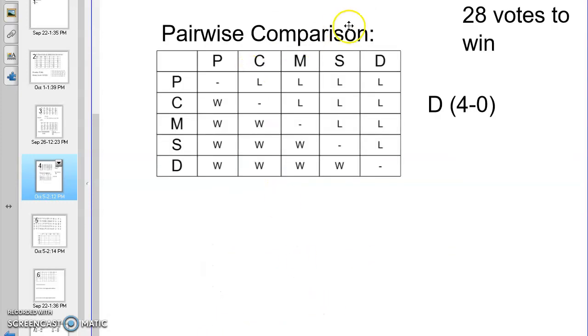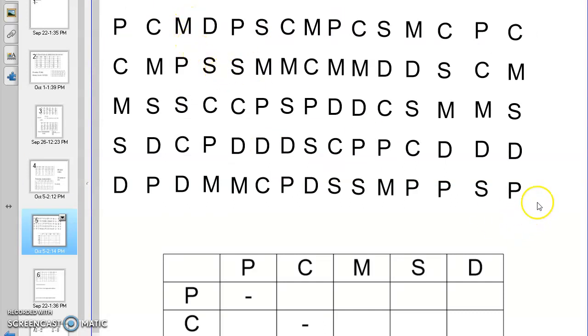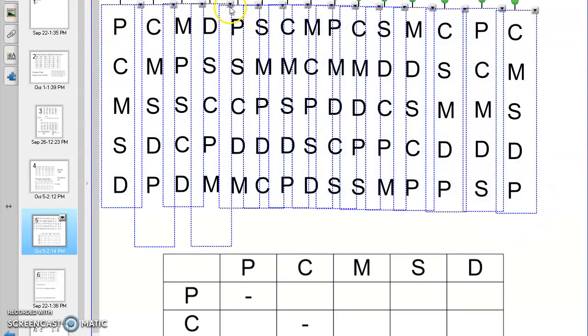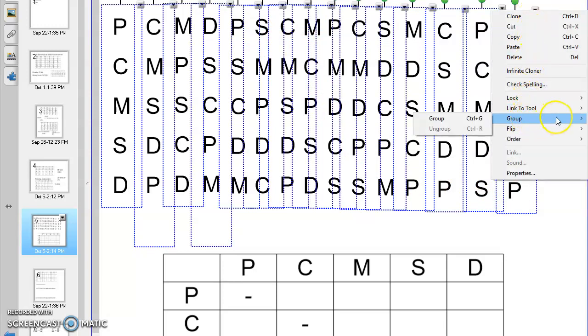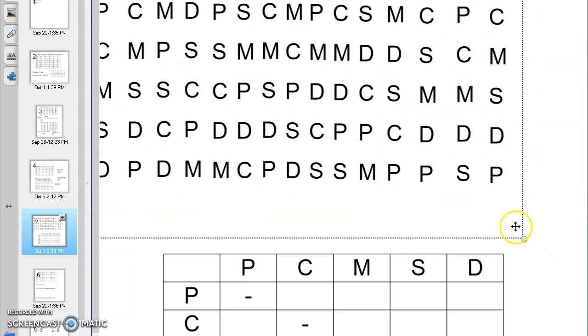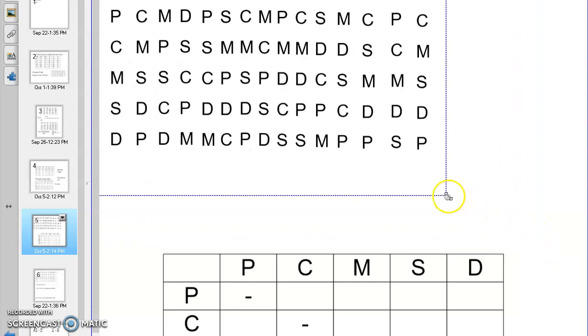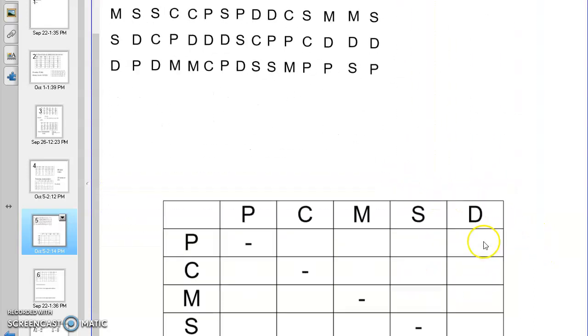All right. Now this is a vote where we have individual votes, and we're going to be doing pairwise comparison, but we have each individual vote as one vote. So I'm going to make this a little bit smaller so we can fit it all in.